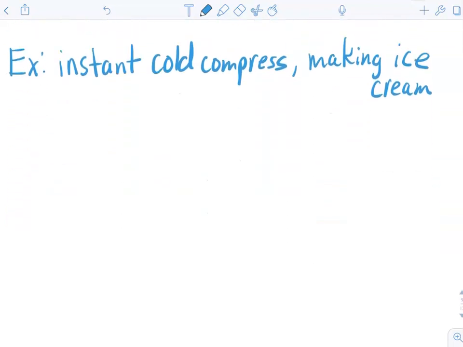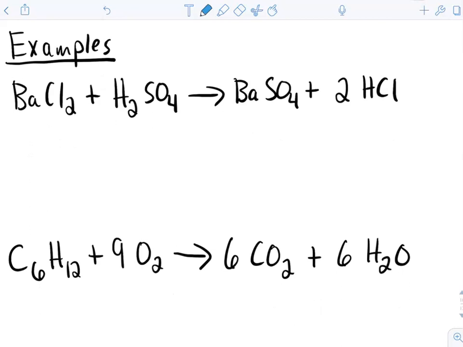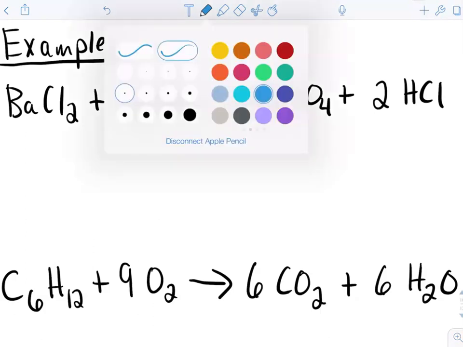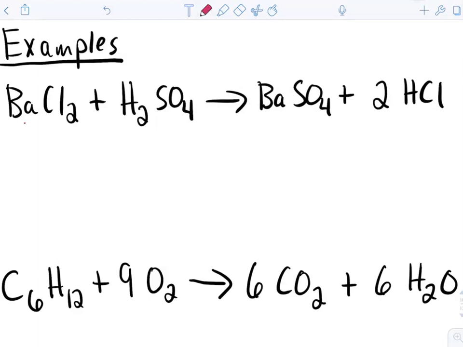Now, let's do some practice with these. So here are some examples. This first one is BaCl2 plus H2SO4 is going to yield BaSO4 plus 2HCl. And we need to determine which type of reaction this is. So you can either label these. For example, this would be my A, this would be my B, this would be my C, and this would be my D. Now notice I did different letters because I had different elements.